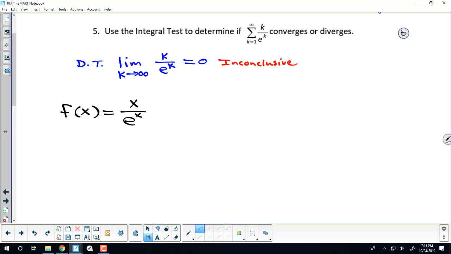And keep in mind, I do want to point this out, I forgot: the lower limit of integration in the integral test matches the lower index of your series. So if this series started out at 5, we would want to integrate from 5 to infinity.